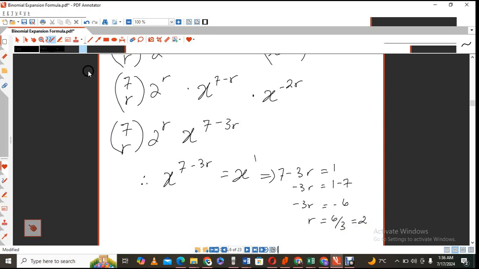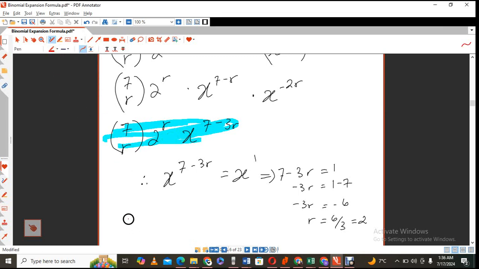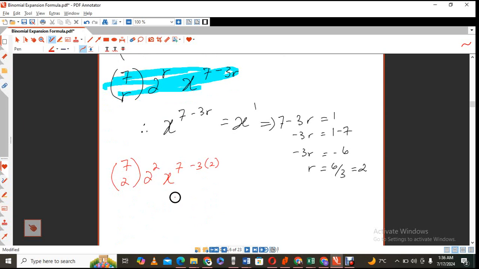Now that you know what r is, you are going to substitute in this formula in order to find the coefficient of x, all right? So let's go ahead and substitute it in there. So that is going to be 7 choose 2, 2 to the power of 2, x^(7 minus 3 times 2). Again, there was no need for me to use the x because I'm not looking for the value of x.